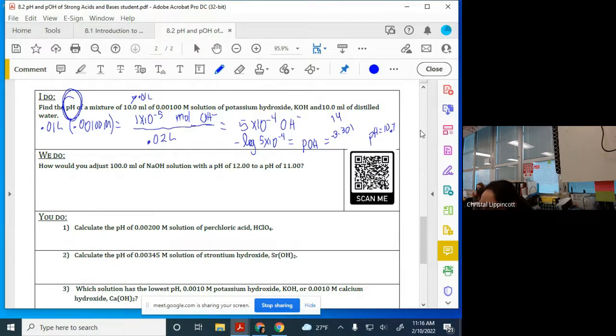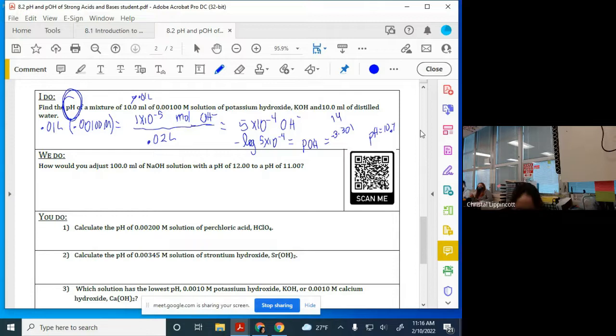It's going from 12 to 11. So we're making it less basic. So we're going to have fewer OH ions at a pH of 11 than we would at a pH of 12. Right now, it's at a pH of 12.